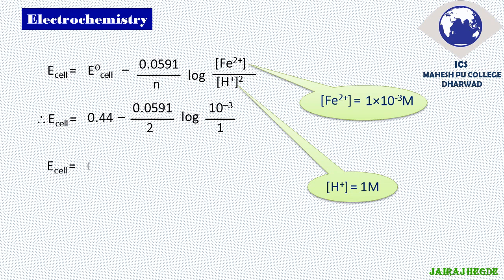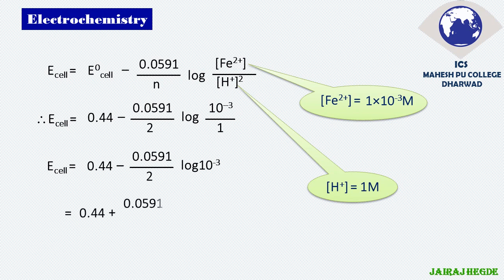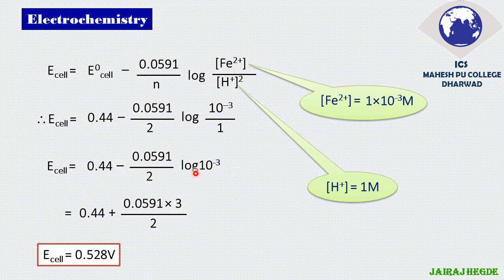So log of 10 per minus 3 will be minus 3, because log 10 to the power minus 3 is minus 3 log 10 and log 10 equals 1. Minus 3 into 0.0591 by 2, minus of minus becomes plus. So it is 0.44 plus 0.0591 into 3 by 2. It's nothing but 0.52 volt. The E cell is 0.52 volt.